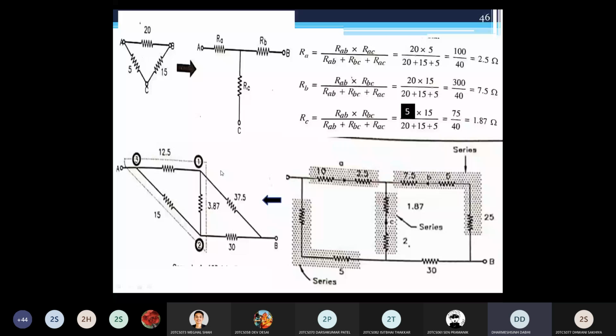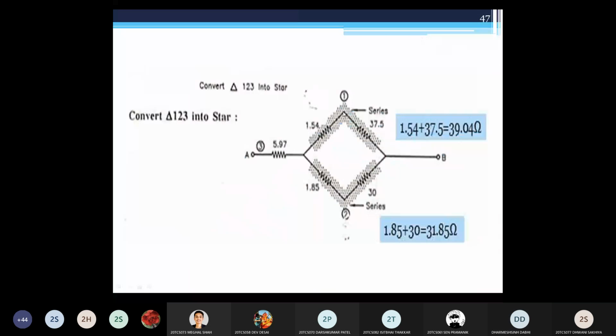Okay. So now only star fashion resistance is present. Clear? So one point or RA point, that resistance now becomes 1.54. You can see here this 1.54. Clear? This is a conversion of your delta to star. This point is connected with 2 and this point is connected with the A point.